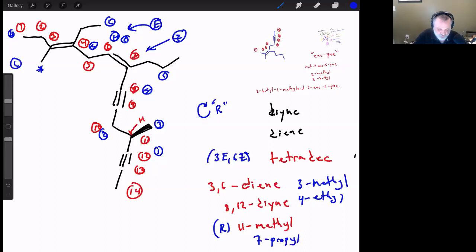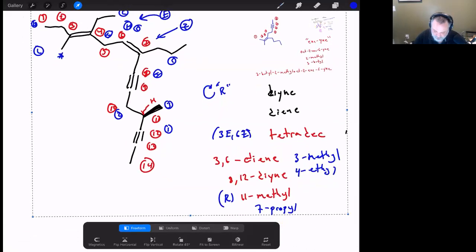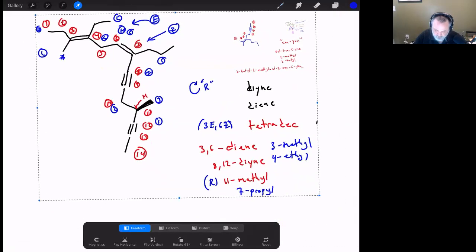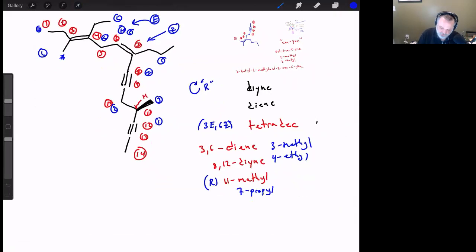All right, so let's take this real quick. I'm just going to shrink it just a little bit. And so let's try to put it all together. I've got 3E, 6Z, 11R. And then what comes first? Ethyl or methyl or propyl? 4-ethyl.